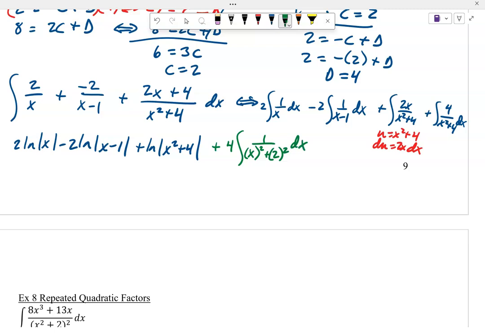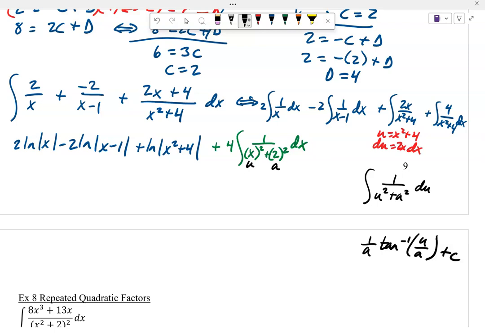So, if you remember, look at your formula sheet, and you have 1 over u squared plus a squared du is 1 over a arctangent of u over a, plus a constant, right? So that's what I'm using. This is my u, this is my a.